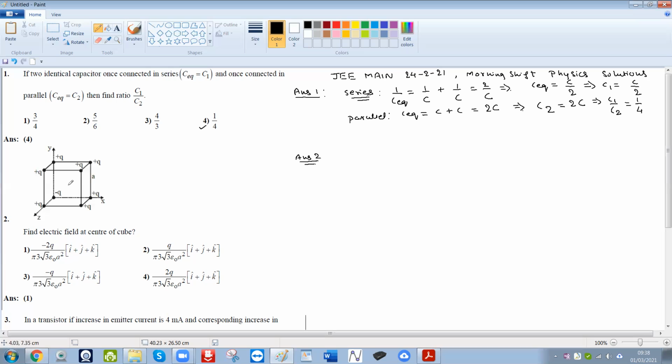So if all were positive charges, that means if minus Q was replaced with plus Q, then field at center of the cube must have been 0 by symmetry.